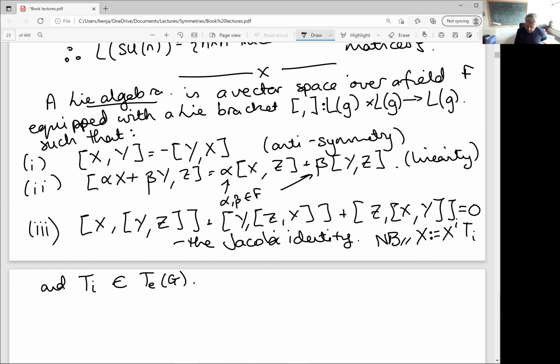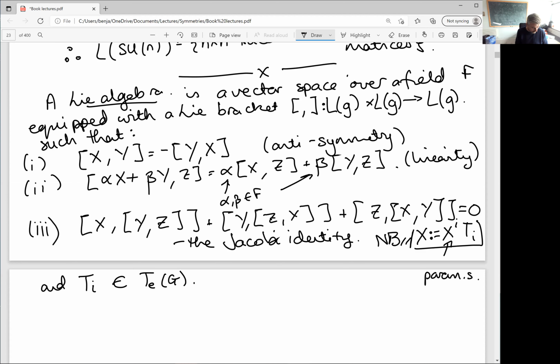So these x^I's are parameters. So we've mapped from this bracket to one element of the Lie algebra. And this X is one element of the Lie algebra.